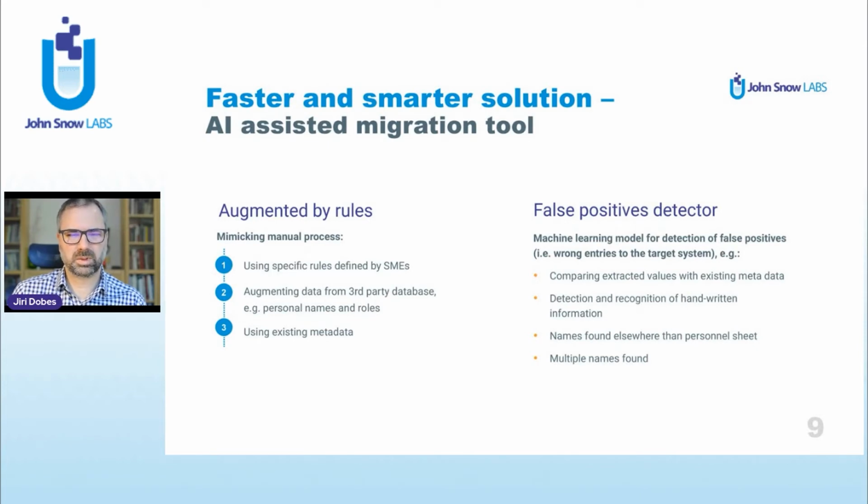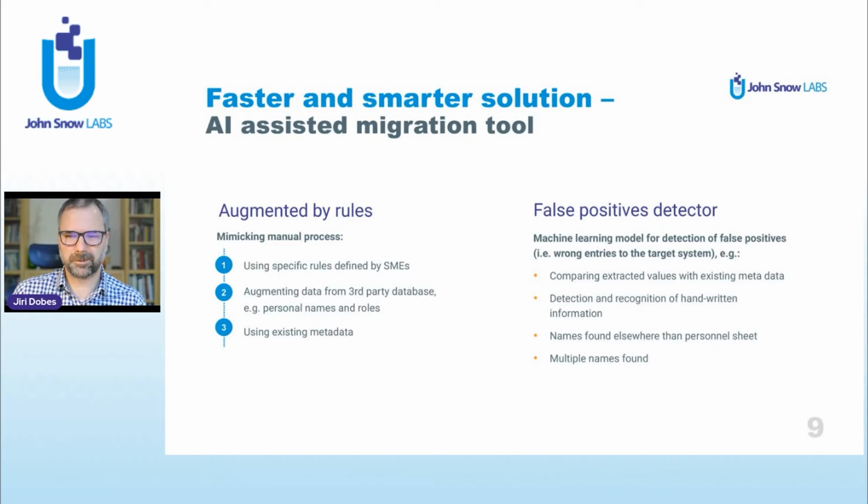Maybe you need to augment the names or roles from some third-party database, because you have, for example, a database of people who are involved in a clinical trial, and maybe you need to use some existing metadata, some additional metadata. Then another important thing is you need to be sure that whenever you are migrating, it's always correct. So if you extract information, it's always correct.